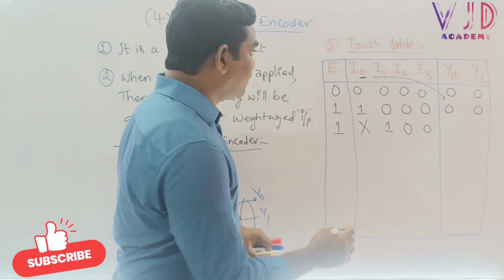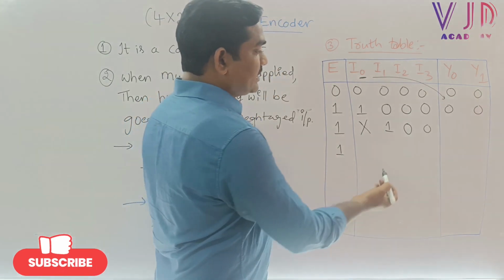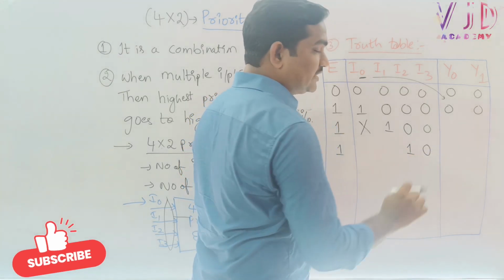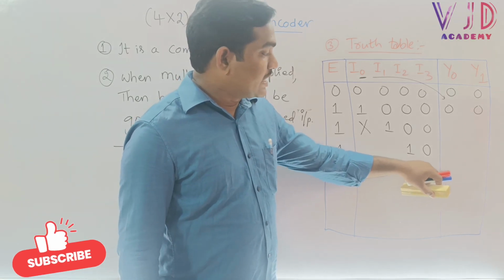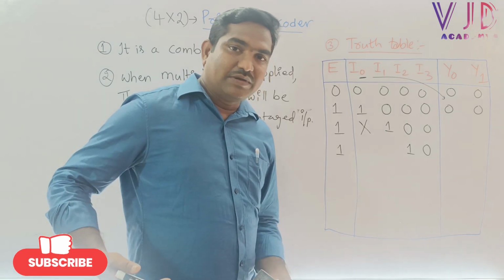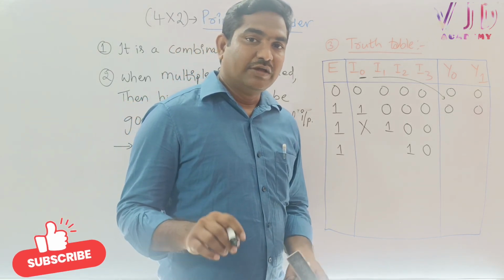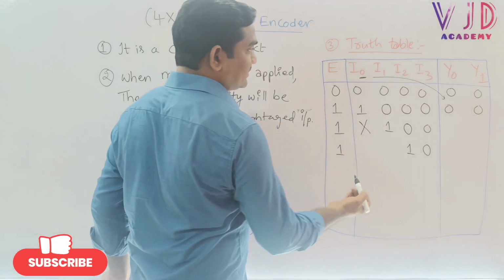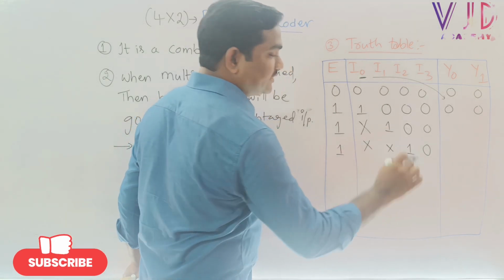Sir, suppose we apply enable input as 1. Let me take I2 as 1 and I3 automatically 0. Here the topmost priority is I2, so I3 will be 0. And what about the priorities lower than I2? I2 is the topmost weightage bit, and I1, I0 are lesser weightage than I2, so these two bits will be disabled.